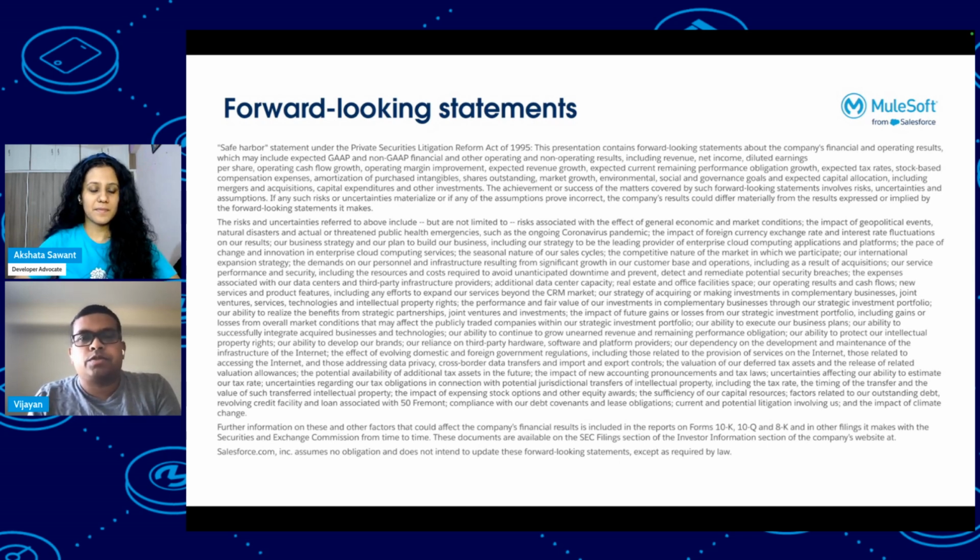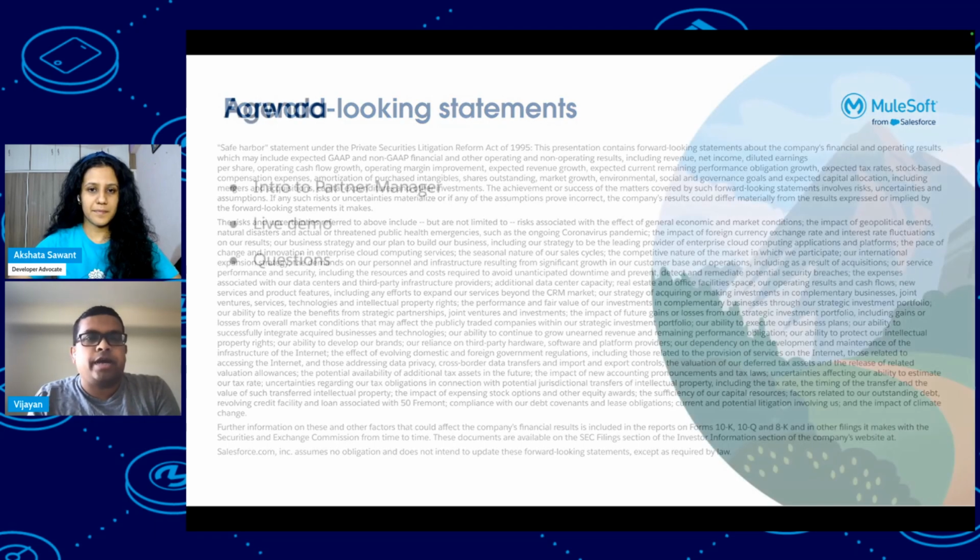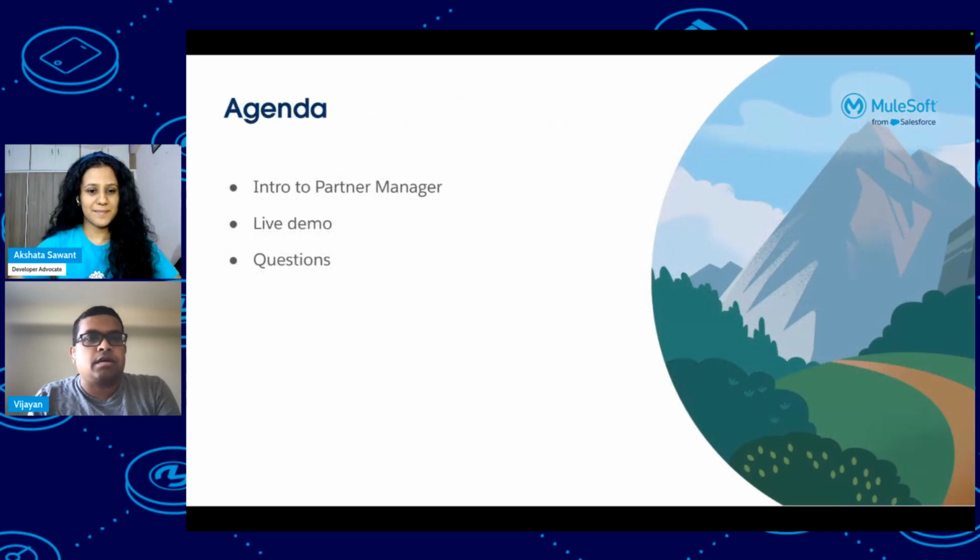But I just wanted to flash this in case I do talk about any forward-looking statements. If you're representing a customer or if you're a customer, please make your purchasing decisions based on capabilities that are available today.